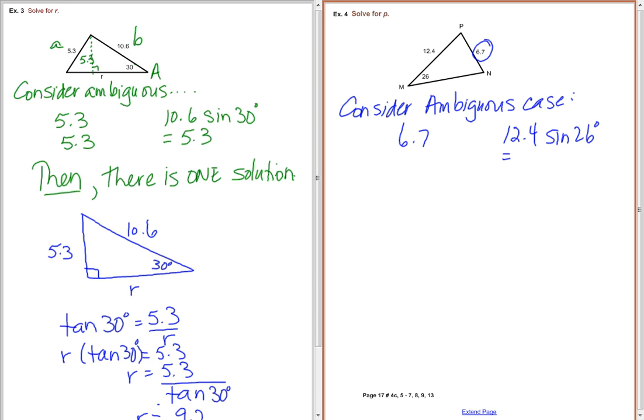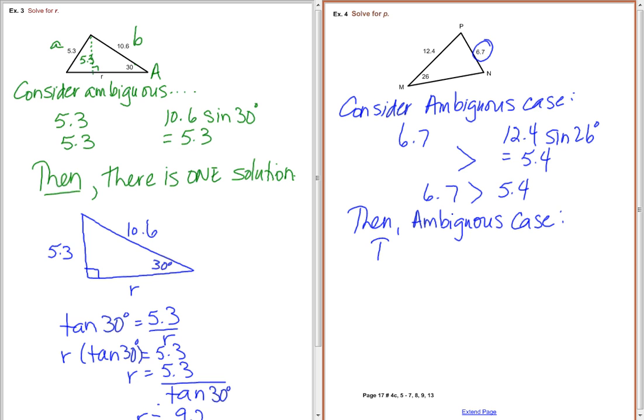Let's see what we have. 12.4 sine 26 is 5.4. Since the 6.7 is larger than 5.4, then we have a case of the ambiguous case. That means there are two possible solutions.